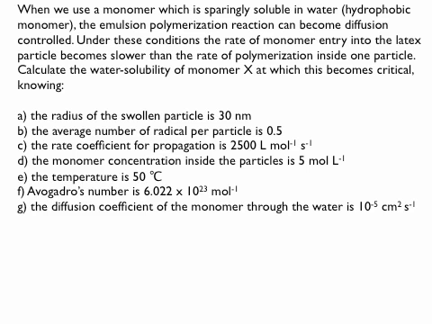I have the radius of the swelling particle, the average number of radicals per particle, the rate coefficient of propagation, the monomer concentration, the temperature, the Avogadro number, and the diffusion coefficient of the monomer through the water, all given. So write these numbers down for a sec. I'll go back to the previous slide, and then you can work it out.